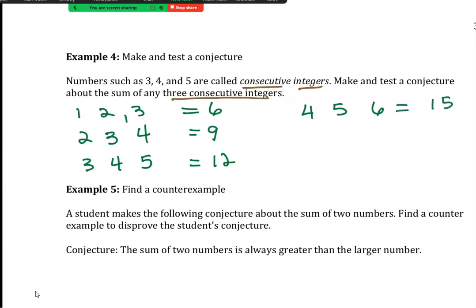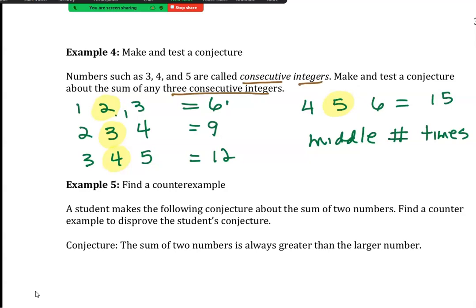Well, I'm looking and I'm saying, oh, I have patterns, that all my answers are multiples of 3. Let's look here. Look at this middle number. If you took the middle number and you multiplied it times 3 terms, wouldn't you get your answer?